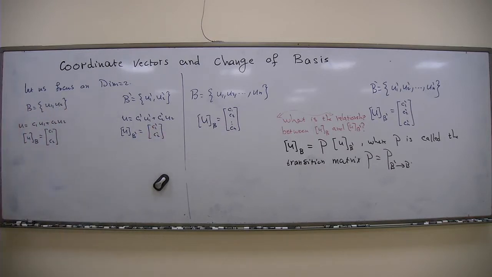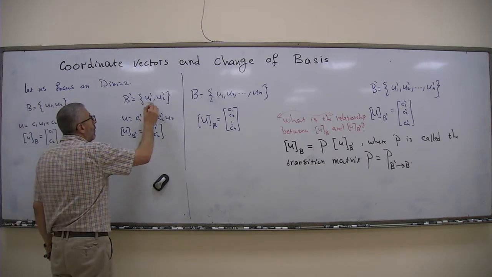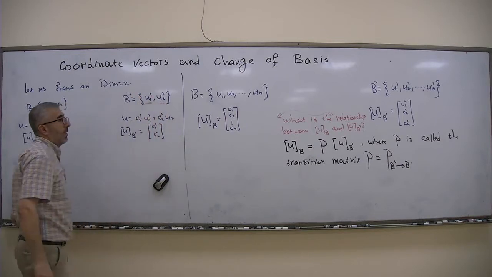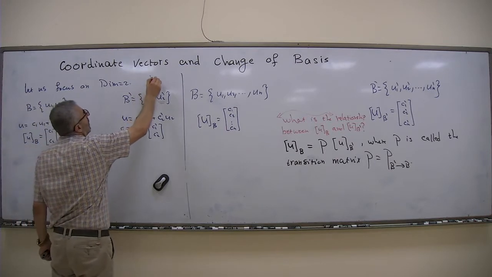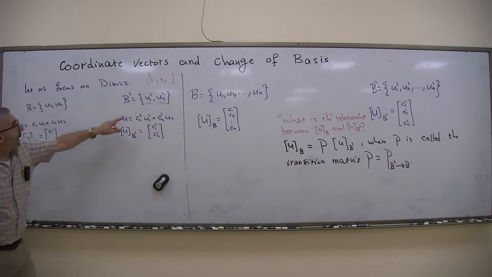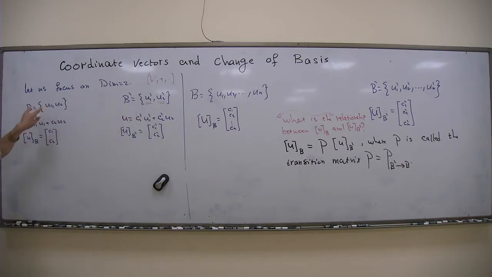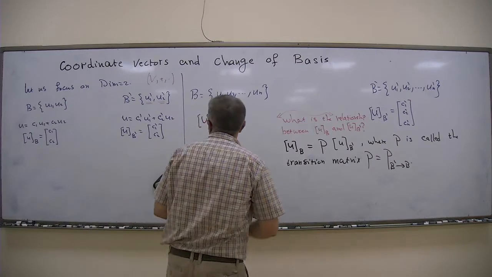Okay? All right. Now, I'm going to take those vectors in these spaces. Of course, they belong to my vector space, so I can write those as a linear combination of those vectors in my other basis. Correct?